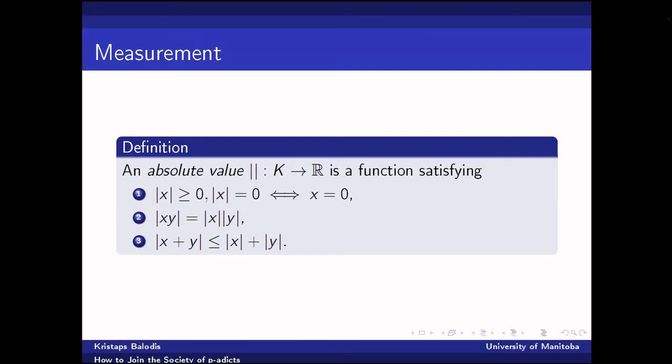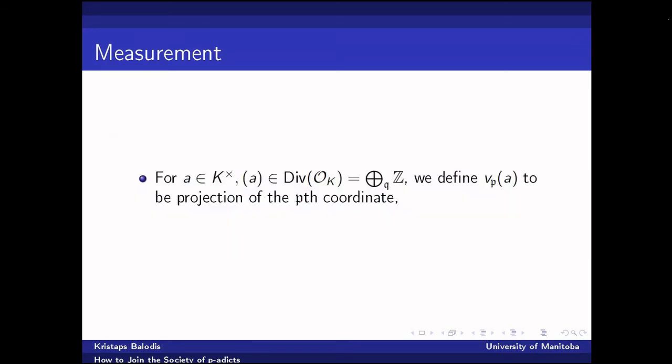Okay, so first, we just recall the definition of an absolute value. Now we're defining it for an arbitrary field, but this is just formalizing the intuition of our normal absolute value of a real number. So it's multiplicative, satisfies the triangle inequality, and it's positive except precisely for the additive identity.